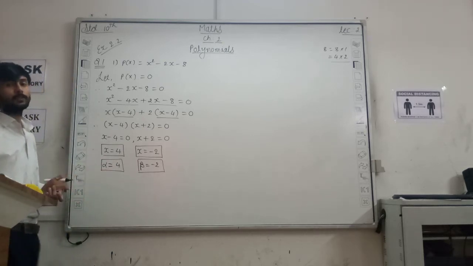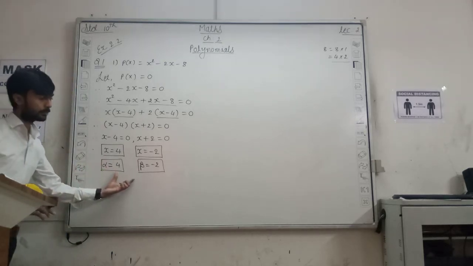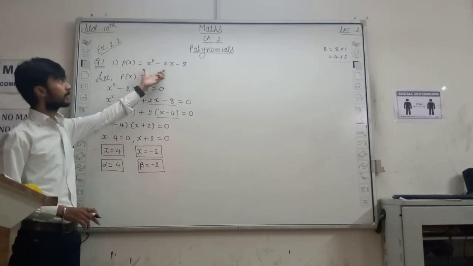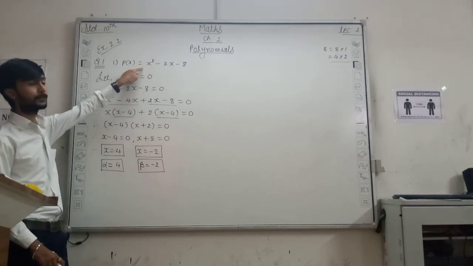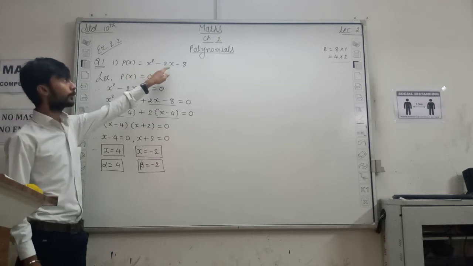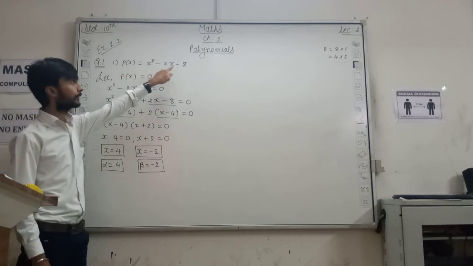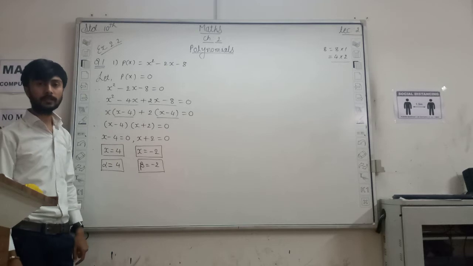Now verify the relationship between these zeros and coefficients. The coefficient of x square is nothing, that means 1. The coefficient of x is minus 2, and minus 8 is the constant term.